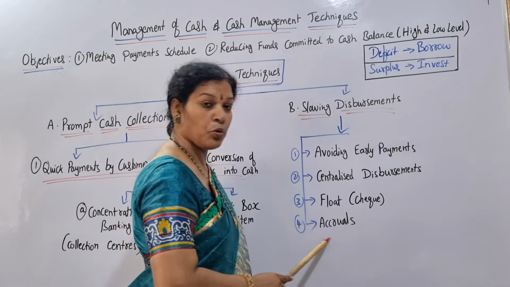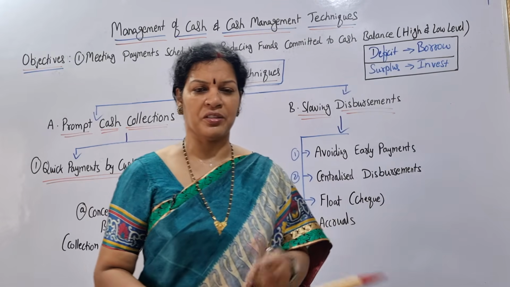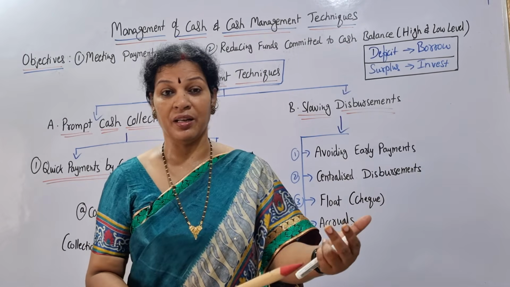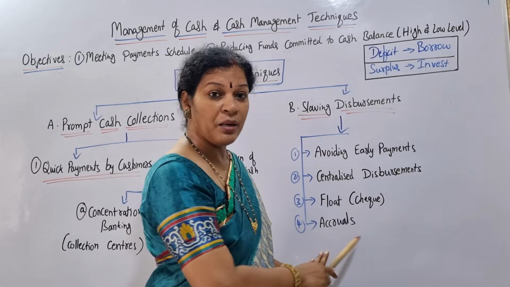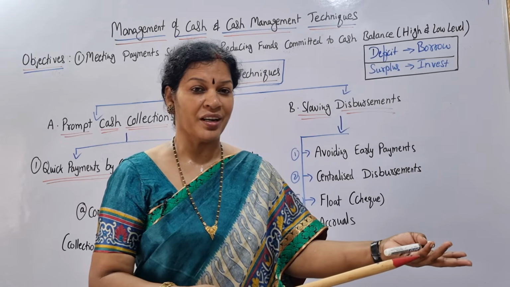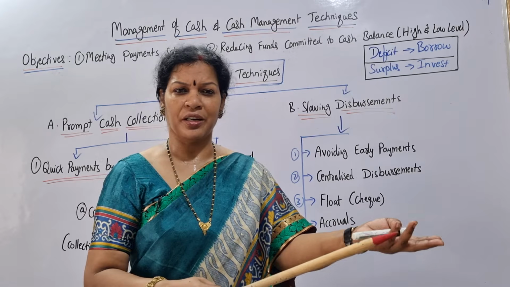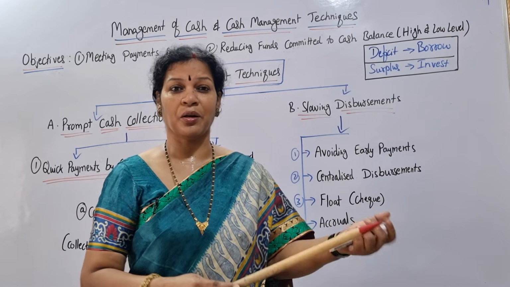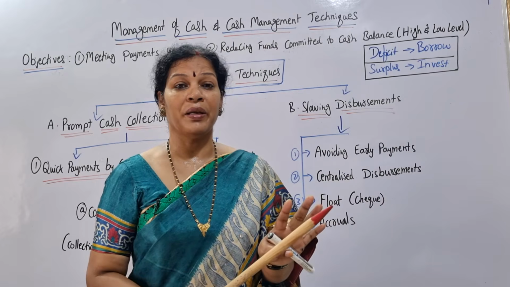And the last one is accruals. Accruals, as we discussed in final accounts, are receivable or payable. Now when we are talking about slowing disbursement, it is about the payable. Rent I have to pay, outstanding rent will show in the balance sheet, right? And outstanding interest, outstanding dividend, something is to be paid, but we are not paying right now.